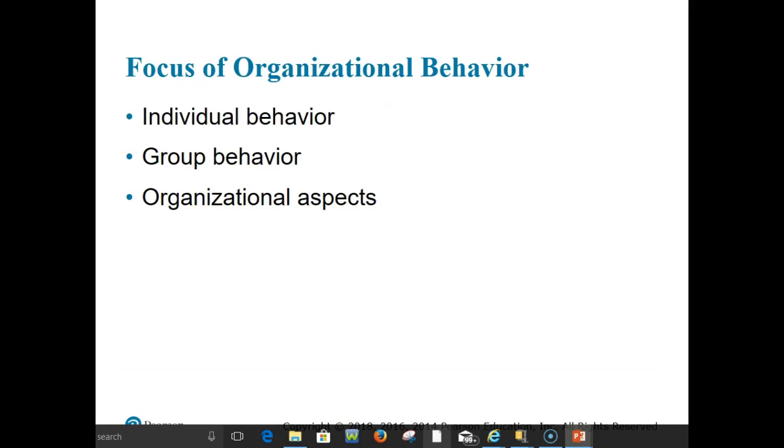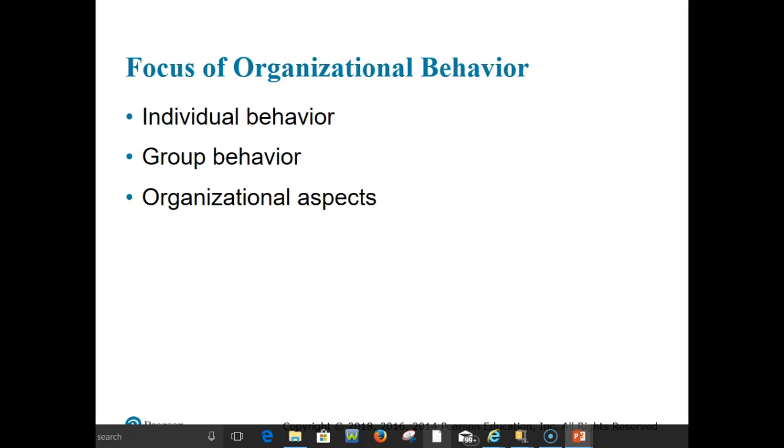Organizational behavior focuses on 3 major areas. First, organizational behavior looks at individual behavior based predominantly on contributions from psychologists. This area includes topics such as attitudes, personality, perception, learning, and motivation. Second, organizational behavior is concerned with group behavior, which includes norms, roles, team building, leadership, and conflict.